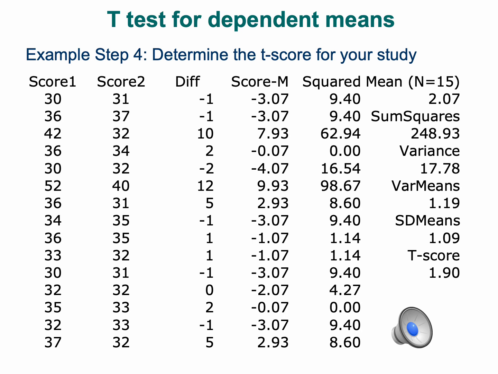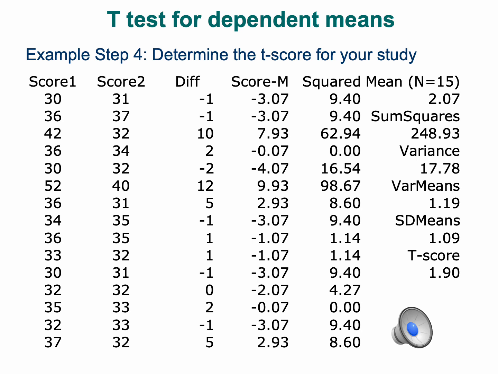Now to calculate the standard deviation of the means, we need to take the square root of 1.19, and that gives us 1.09. The t-score is calculated by taking the mean of the difference scores, 2.07, and subtracting from it 0, which would be the population mean of difference scores under the null hypothesis, because there would be no difference.